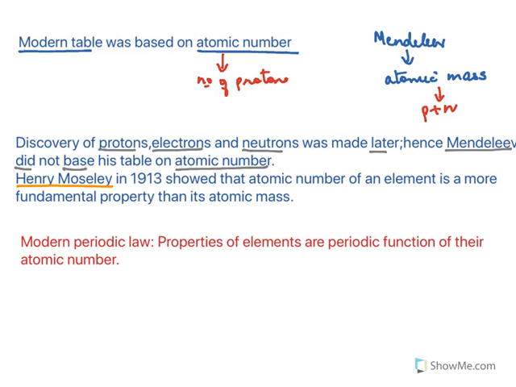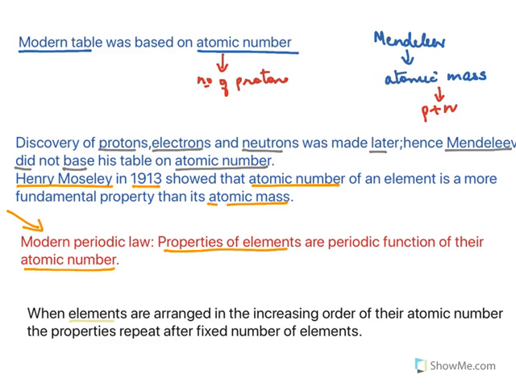However, later Henry Moseley in 1913 showed that the atomic number of an element is more fundamental than its atomic mass. And then we had the modern table, which said that properties of elements are periodic functions of their atomic number. So this is the modern periodic table which you will need to learn.